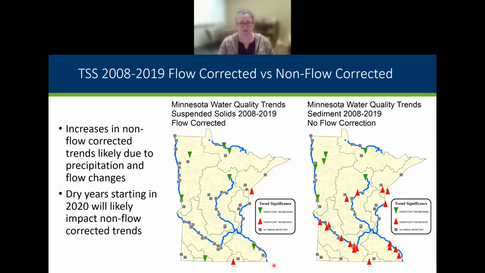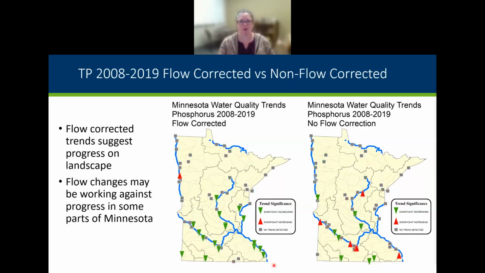When we look at total phosphorus, it's a different picture, especially when we take out the flow impact. Total phosphorus is something that we've really been able to target with our regulations. We are a regulatory agency, so we can work with point sources, like wastewater treatment plants and industries, to set permit limits for them.